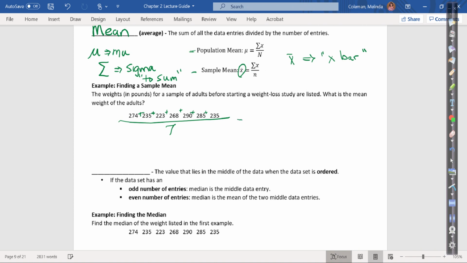And if I do this on my calculator, I end up with 1,810 divided by 7, which is approximately 258.6. Because we know this is a sample, this is equal to X bar, or the mean.